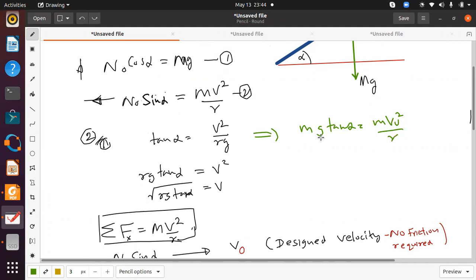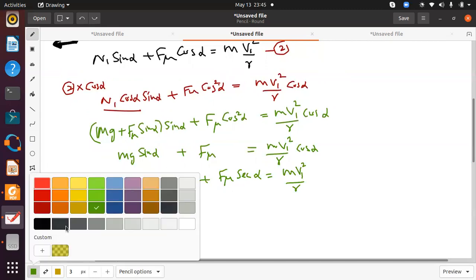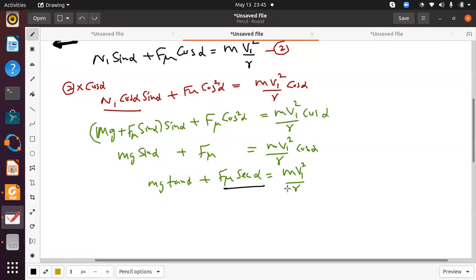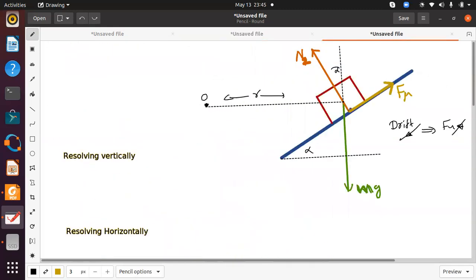Compare these two. Earlier you had mg tan alpha supplying the centripetal force necessary for this motion. Now you have mg tan alpha, in addition, another force component which is supplied by the frictional forces, right?